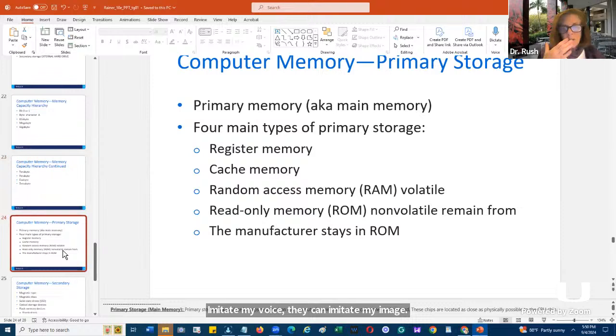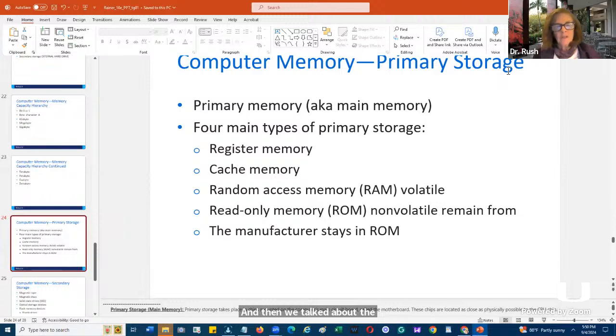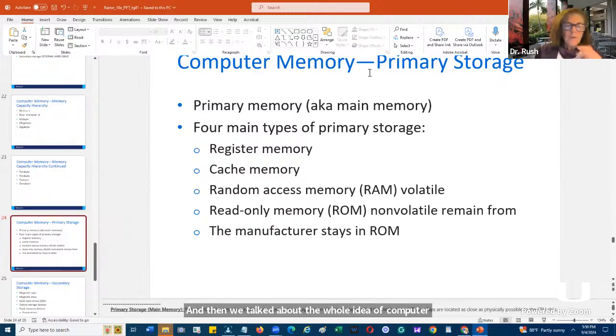And then we talked about the whole idea of computer memory. You remember, computer memory is primary storage. Many times people say that's my main memory. They don't use the word primary memory, they'll use main memory.